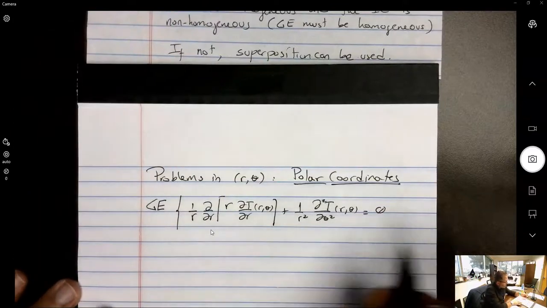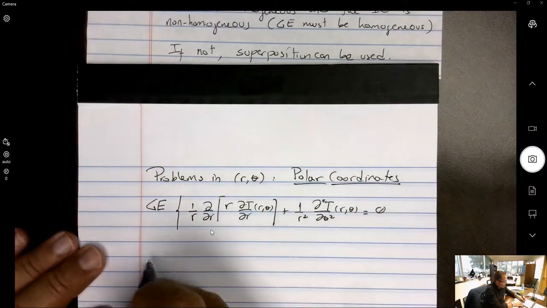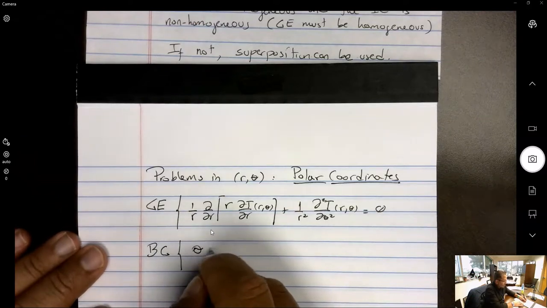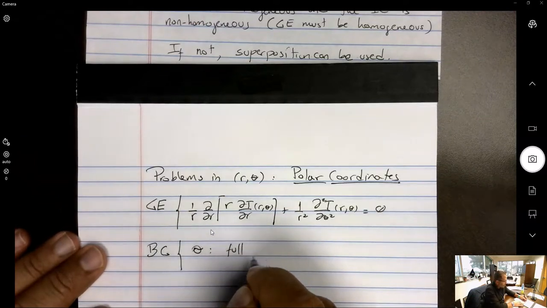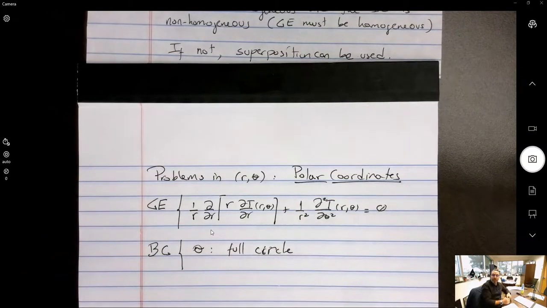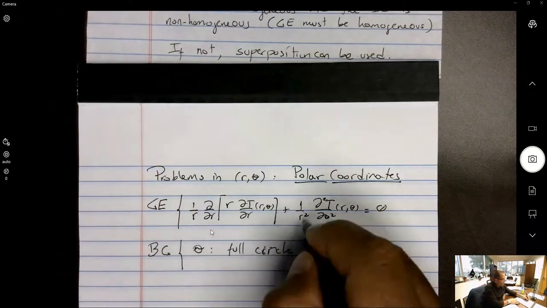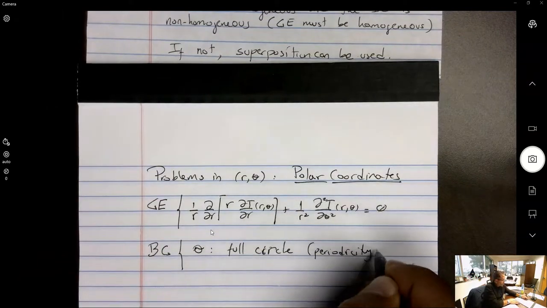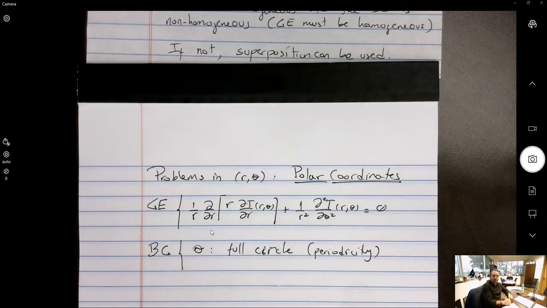Where the boundary condition, no initial conditions, this is a steady problem. So in this case, let's assume that theta is a full circle. So we don't have boundary conditions in theta because all we have is periodicity. That means we'll explain how that works and how we can use that information to get rid of some of the constants of integration.